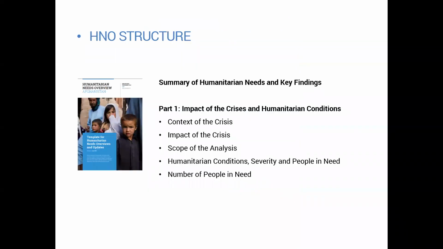As you see, the HNO structure follows the logic of this framework. Obviously, you have a summary at the beginning, but in part one, the impact of the crisis, is where you start with the context, you go into the impact. You explain the scope of the analysis, and then it goes into the humanitarian conditions, the severity of people in need, and number of people in need.